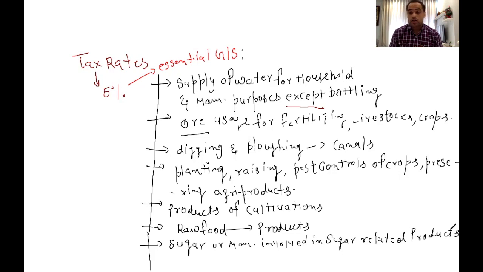There are different things under the same umbrella of sugar items, such as jaggery, I don't know if you know this one, or any sweets which involve a high amount of sugar. Only 5% tax rates will apply on them, right?